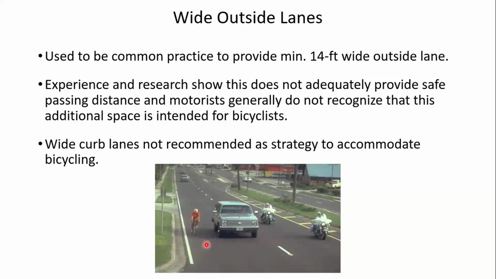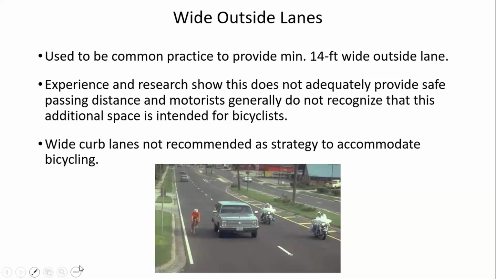And I'm not sure they had bicycle incidents, but what ended up happening is that the motorists tried to make that outside lane 2 lanes rather than 1. And so that created some operational issues and I think some sideswipe incidents and that sort of thing. So that was to me a negative impact of the wide outside lanes.